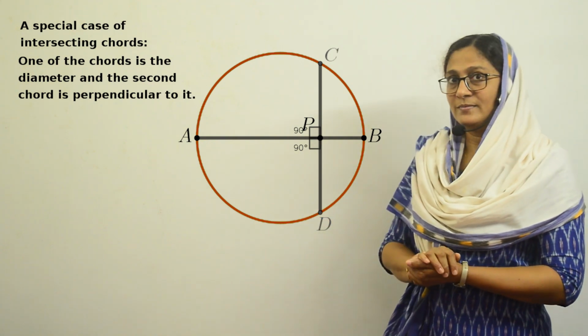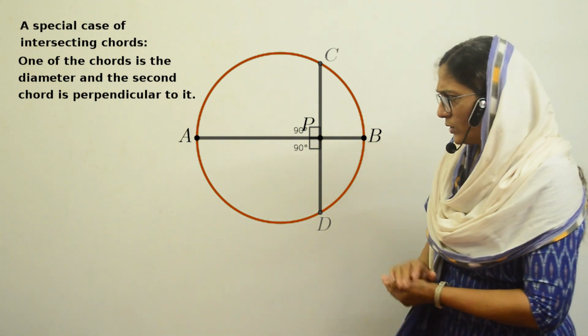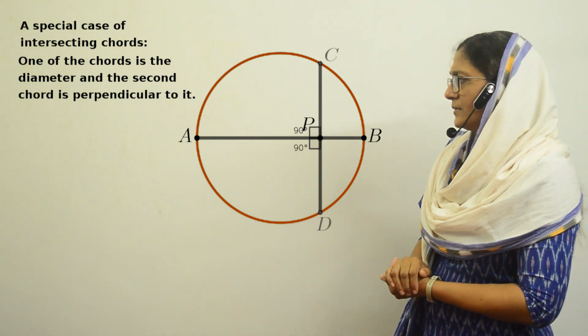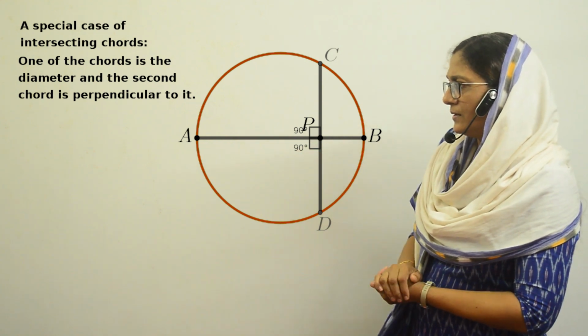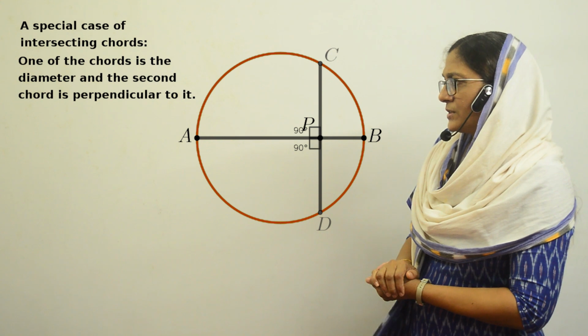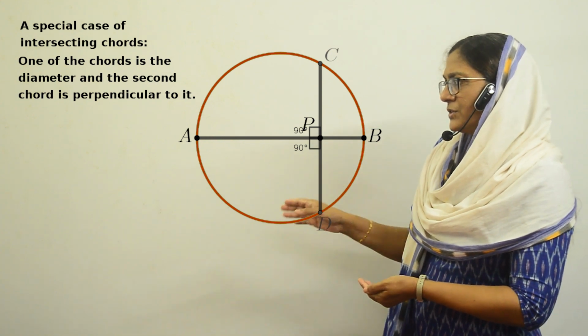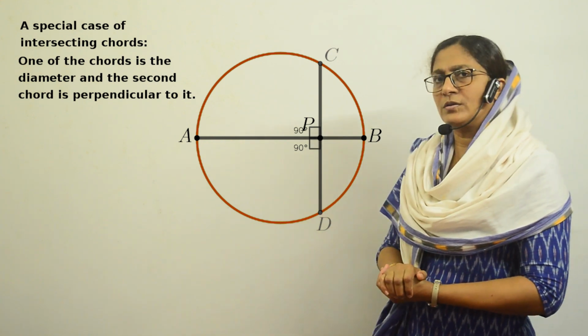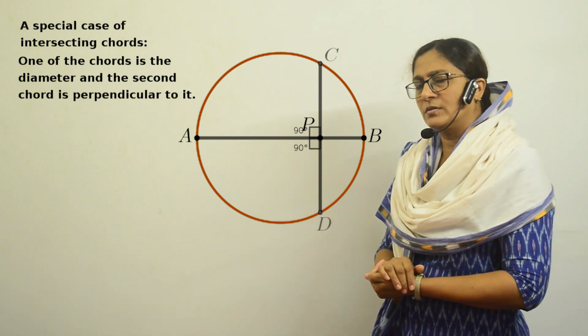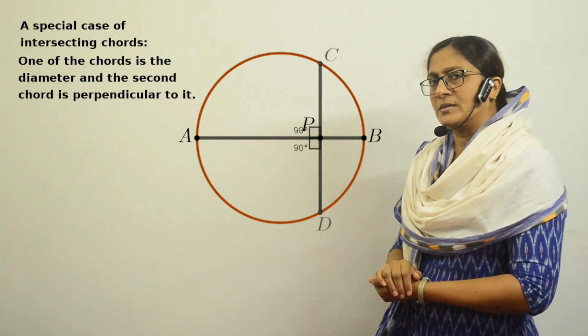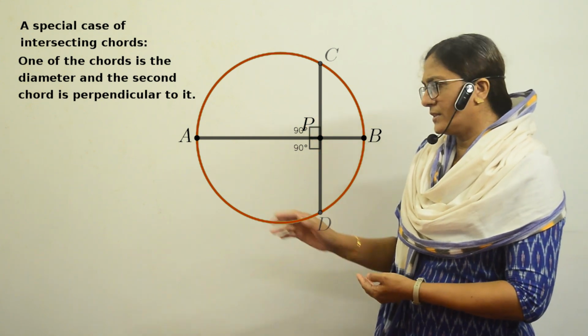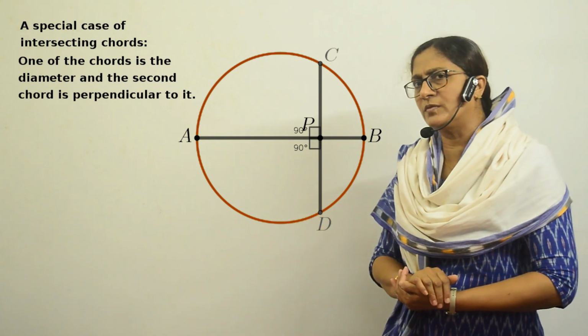Having a close look at the figure, we can see that the diameter divides the second chord into two equal parts. Isn't that so? Can we prove it?